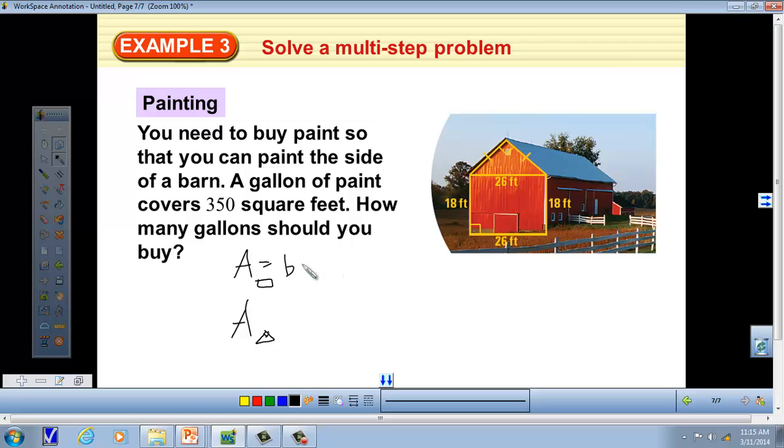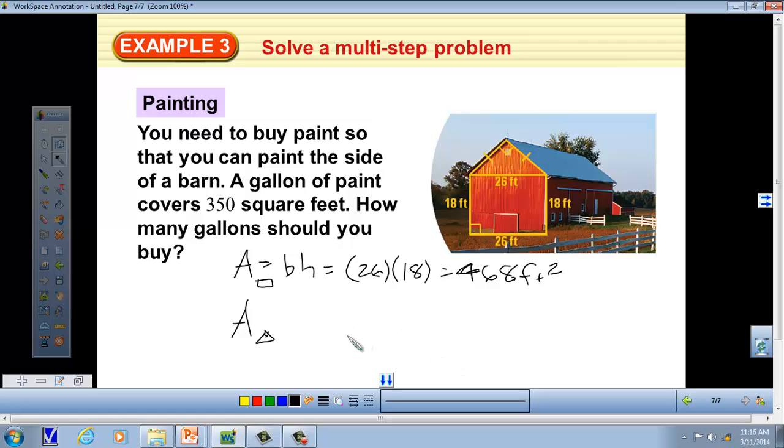The area of the rectangle is pretty easy. It's just base times height. In this case, 26 by 18. And that is 468. That would be square feet.